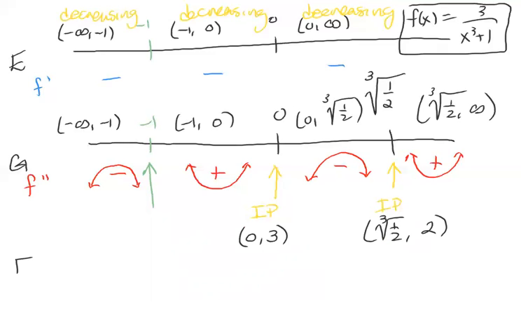Let's do part F, where I classify any relative max or min. We'll notice above that the sign of the first derivative never changes. Also notice below that if I tried to use the second derivative test on this critical point here, f double prime of 0, well, I know what that is. It's equal to 0. I already calculated that.